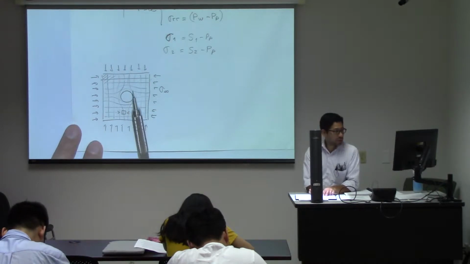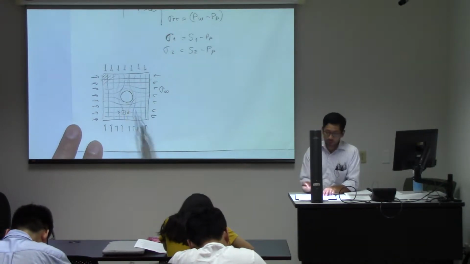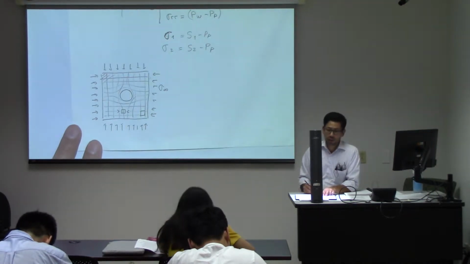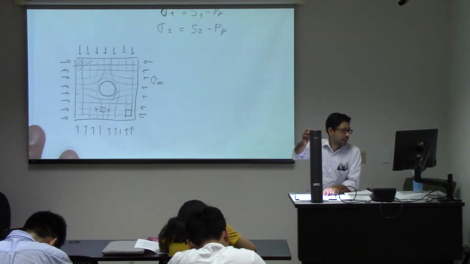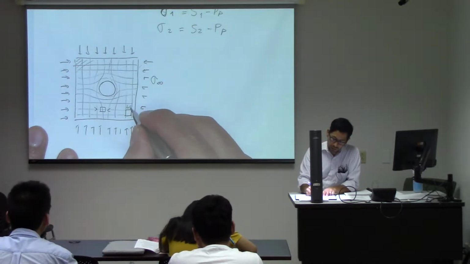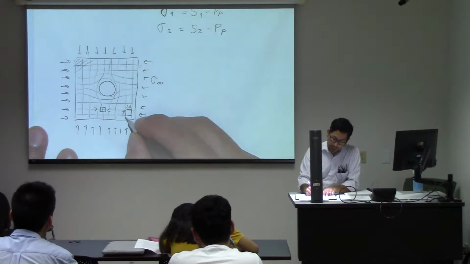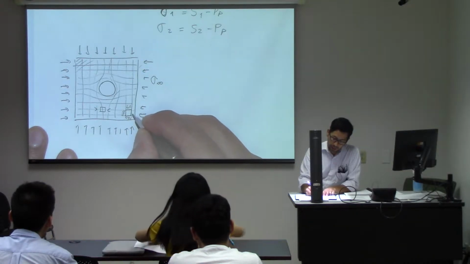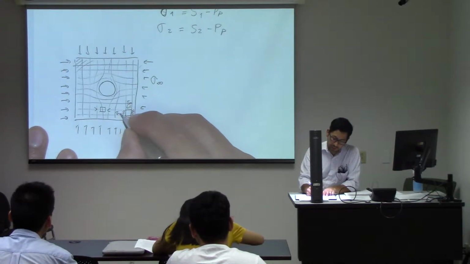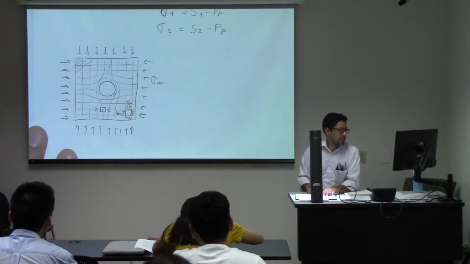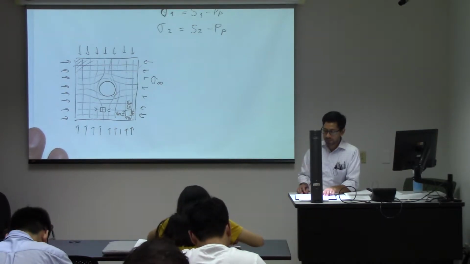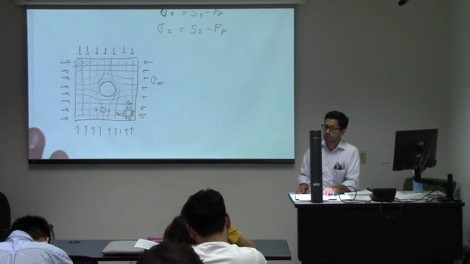Your stresses around this region are going to be different than the stresses here in the far field. If you go far enough from the cavity, you will see that your stresses are the same as the stresses in the far field. It's just going to be sigma infinity in all directions. But close to the cavity, those are going to be different.